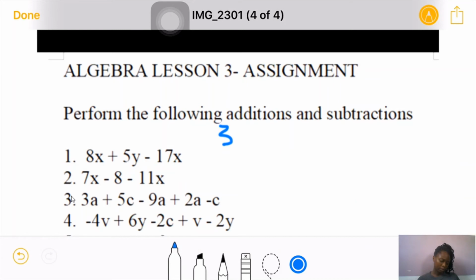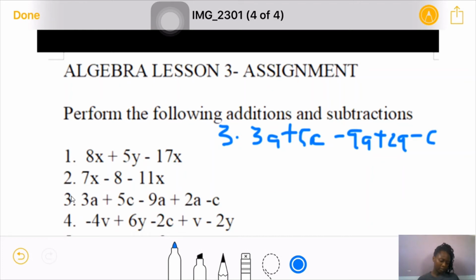So that's number 3. 3a plus 5c minus 9a plus 2a minus c.